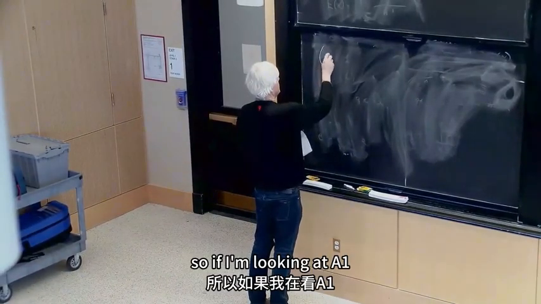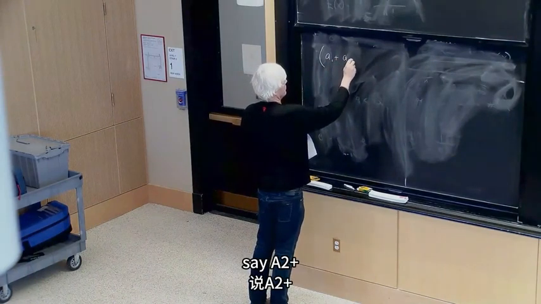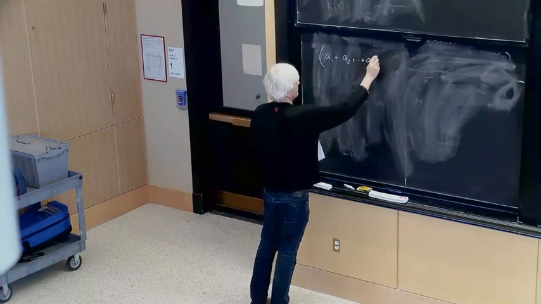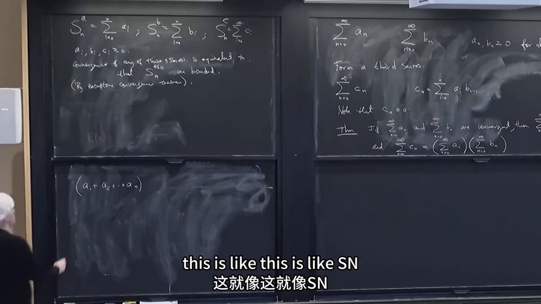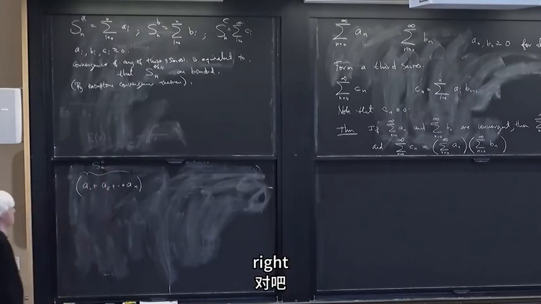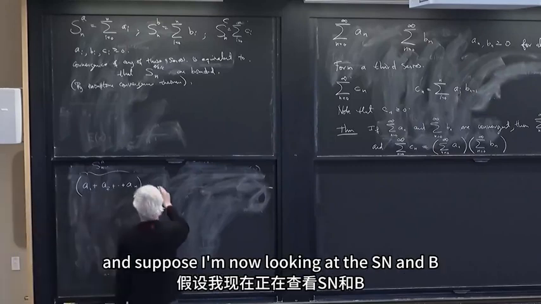If I'm looking at A_1, say, A_2, plus up to A_n, this is like S_n^A, right? And suppose I'm now looking at S_n^B.